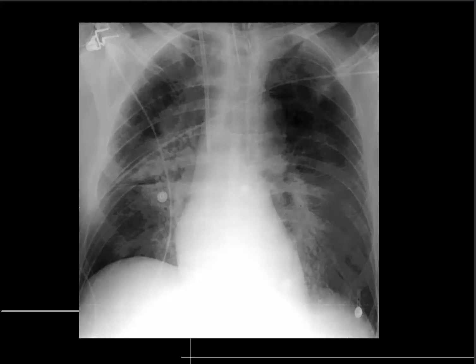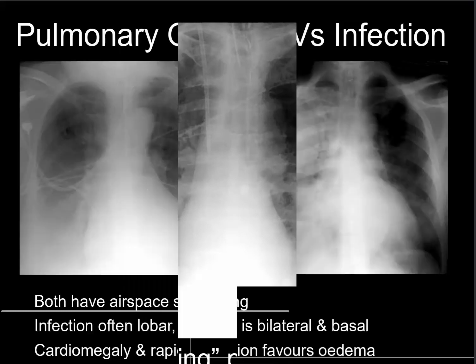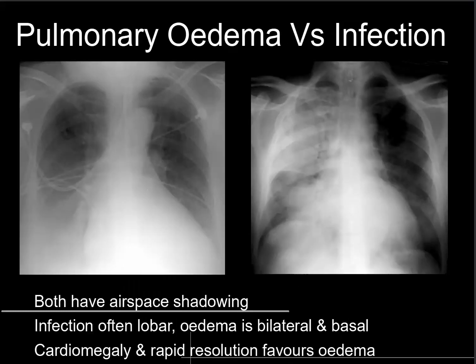The most common question we get asked as radiologists is how do we distinguish pulmonary edema versus infection? And very difficult, actually. Ideally, you would look at the clinical scenario, and if the patient's got a high temperature and a high white count, then it's likely to be infection.